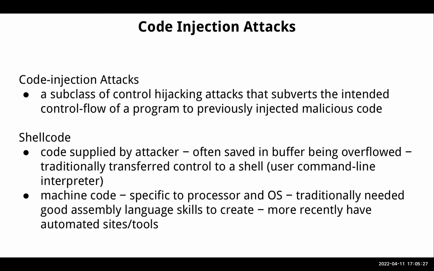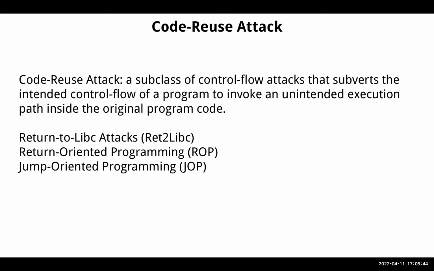To defeat code injection attacks, modern CPUs and operating systems have a feature called DEP, Data Execution Prevention, to make sure everything on the stack is not executable. We also know that security is basically an arms race.